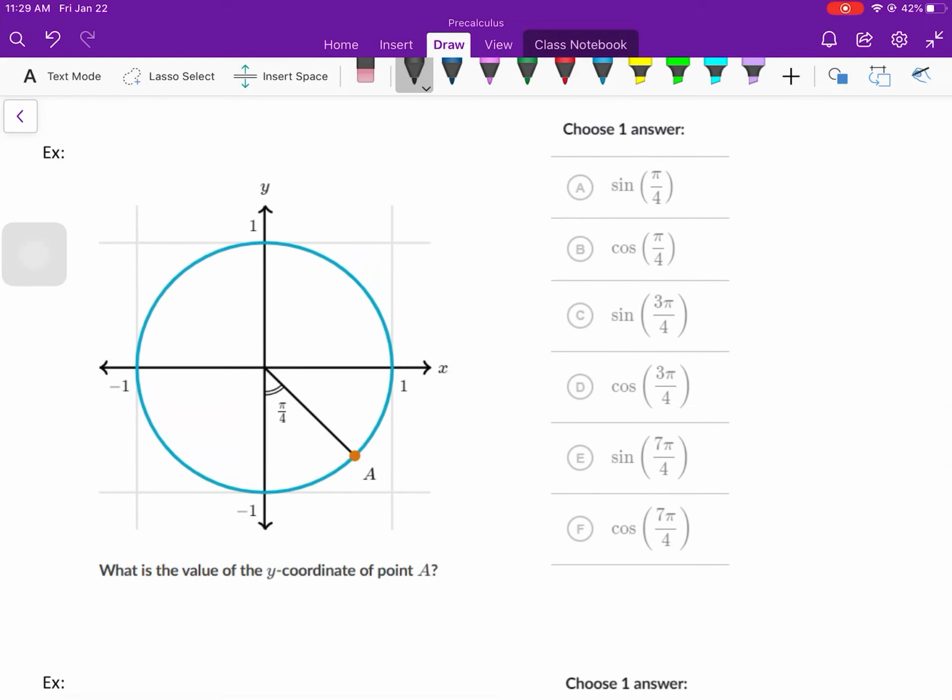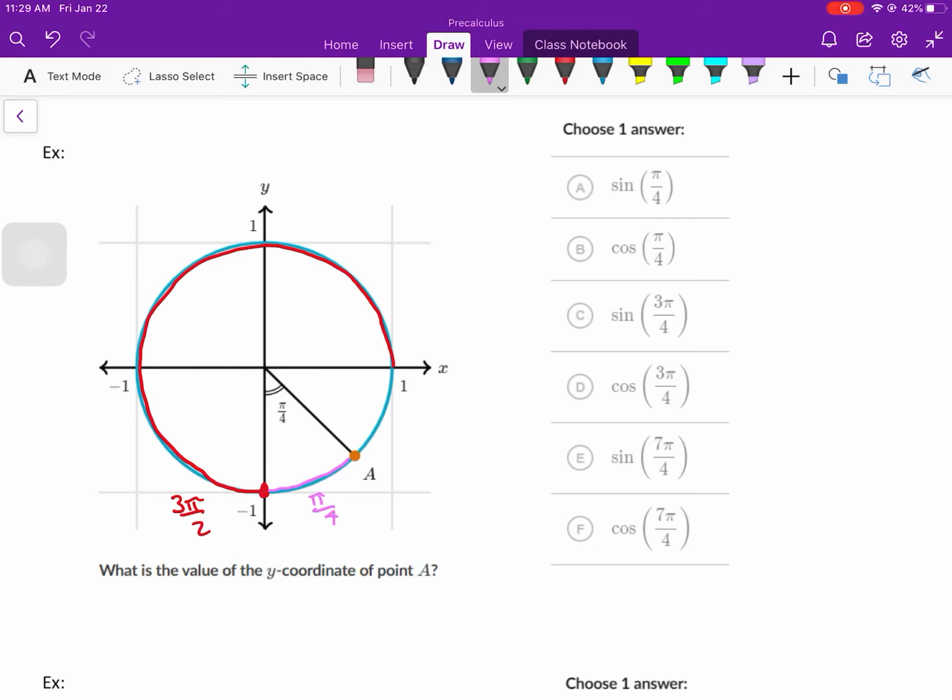Very similar thing here. Remember, this is kind of our key spot, going around this circle. That's 3 pi over 2. So we want to add to it pi over 4, right?